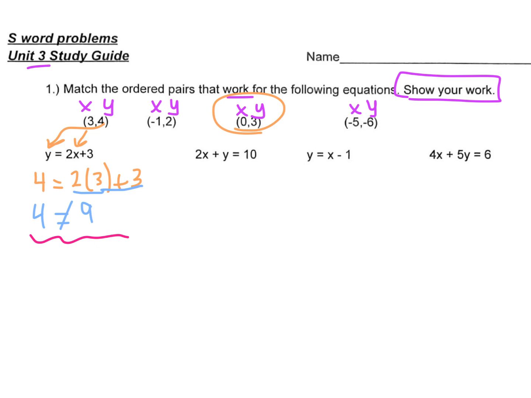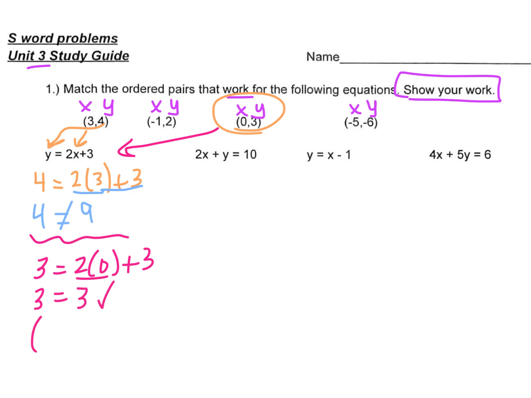For the Y value, I'm going to sub in a 3, and I'm going to do 2 times 0 plus 3. Well, I think this one's going to work because 2 times 0 is 0, and 0 plus 3 is 3. So this one does work. So the ordered pair of 0, 3 works for equation number 1.